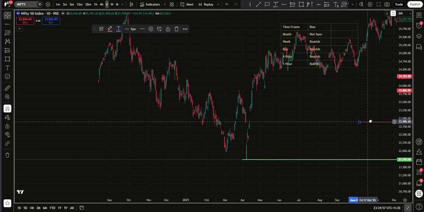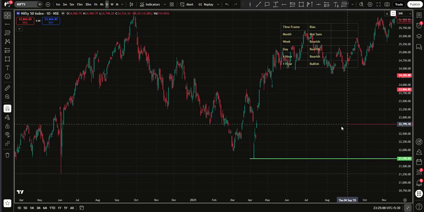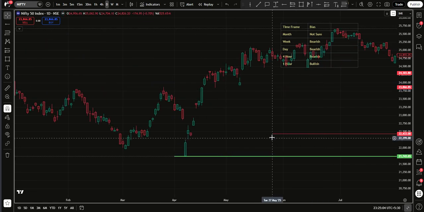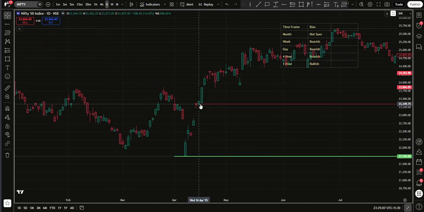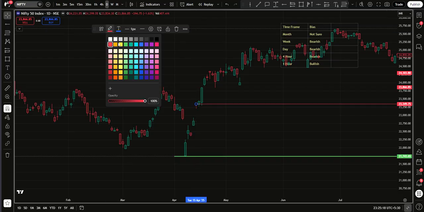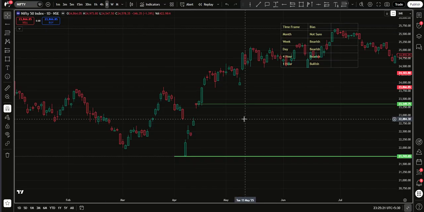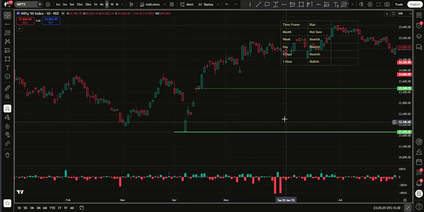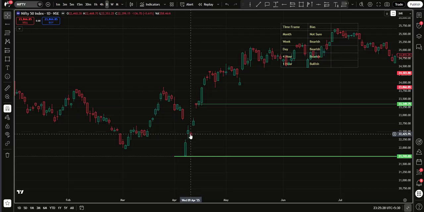I will just do an approximation right here. And in green, there is another similar candle that's all the way down here. We do the same to that candle.